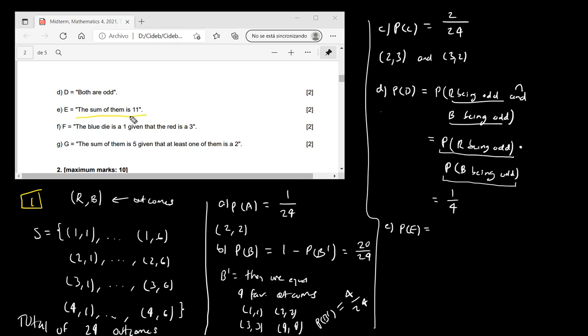This is 0, because the highest sum that we can get out of these outcomes is this one, which is 10. 4 plus 6 is 10, and this is the last outcome in order. So the probability of this event is just 0.